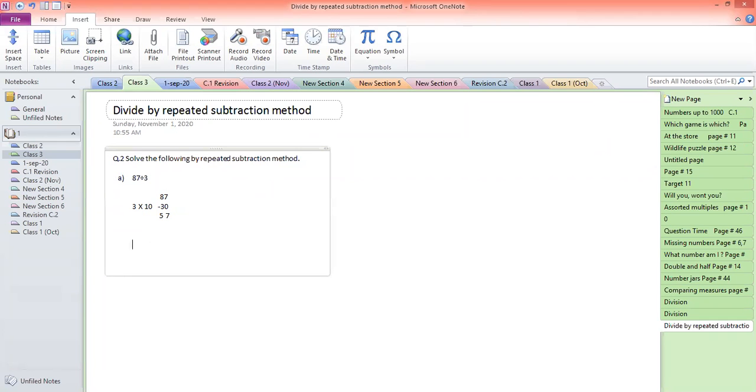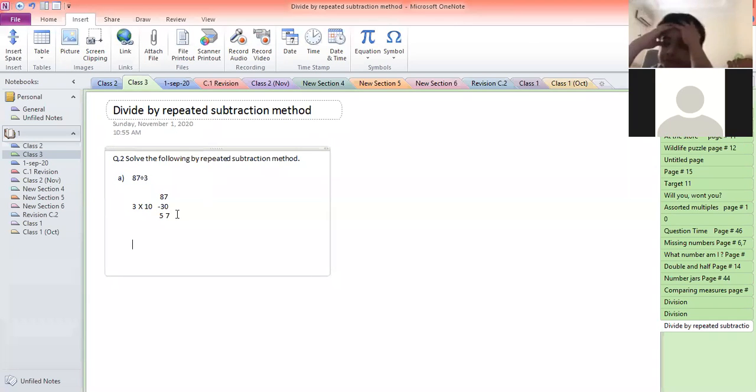You multiply 3 by 10 again, and you get the answer 30. So minus this from 57. 3 multiplied by 10 equals 30, and you minus this 30 from 57.